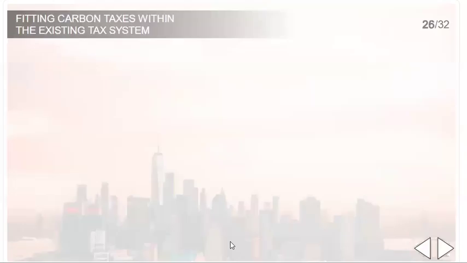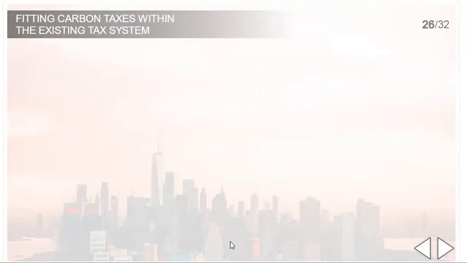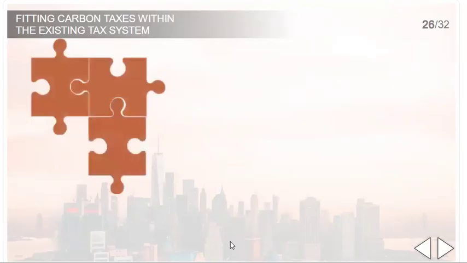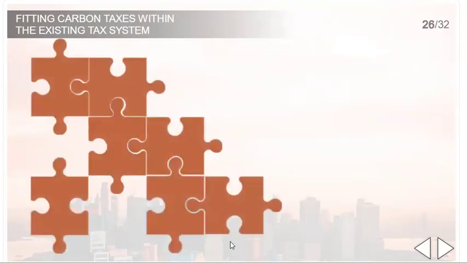When a carbon tax is adopted, it is built into an existing tax revenue system that includes many different instruments, such as income taxes, corporate taxes, fuel taxes, etc. Within a single country, these instruments might include taxes levied at different levels, ranging from national to local levels, and reflecting economic and policy objectives.